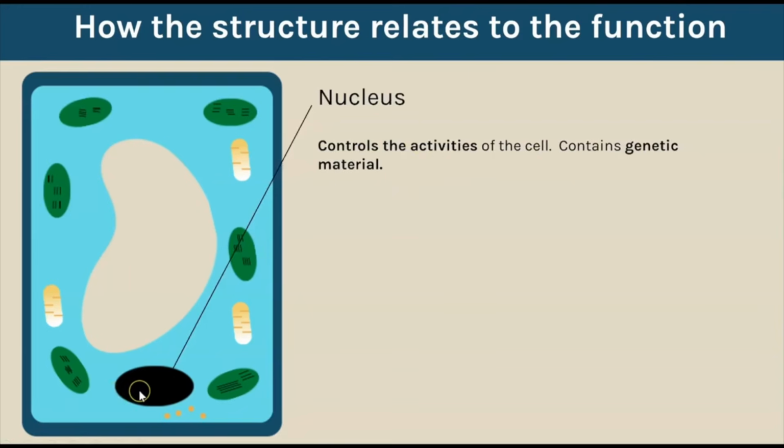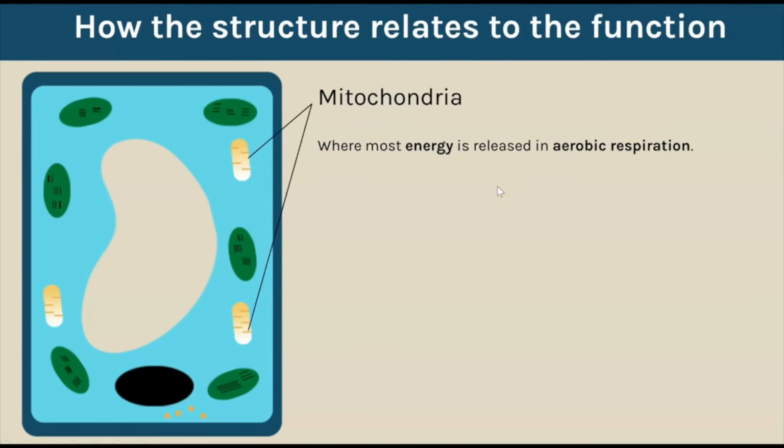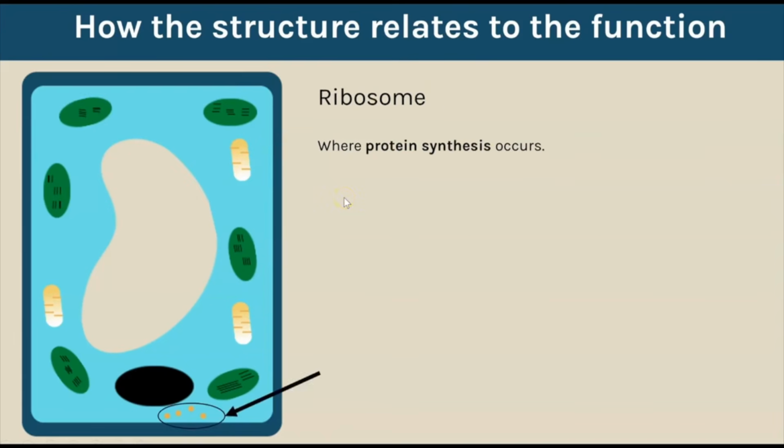The nucleus is where you find the genetic material, and it controls the activities of the cell as well as containing the genetic material. The mitochondria is where aerobic respiration occurs, and that means that most of the energy from a cell is released from the mitochondria. Ribosomes is where protein synthesis occurs, so that is where all the proteins for the cell are made.